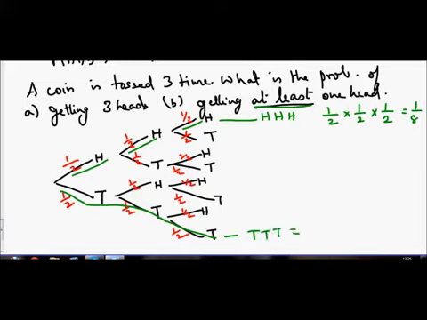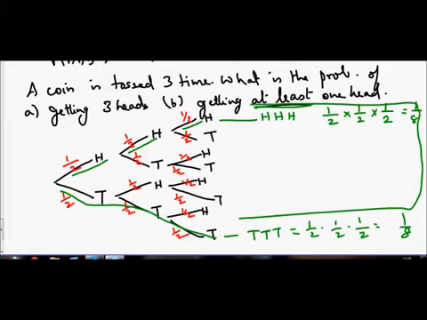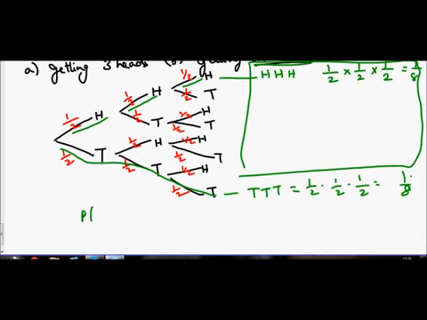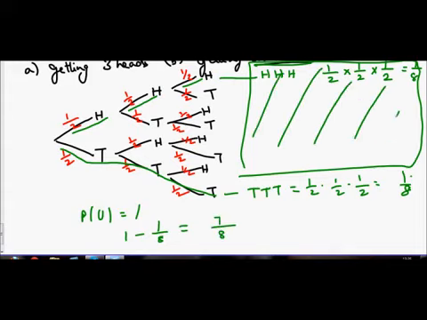T T T, which is half half half, which is 1/8 again. So you are going to collect all these probabilities except this, right? Except 1 over 8. We know that the total probability is always equal to 1. So what you want to do is you need to just subtract 1 minus 1 over 8 to get the rest of the probability here. So it's 7 over 8.